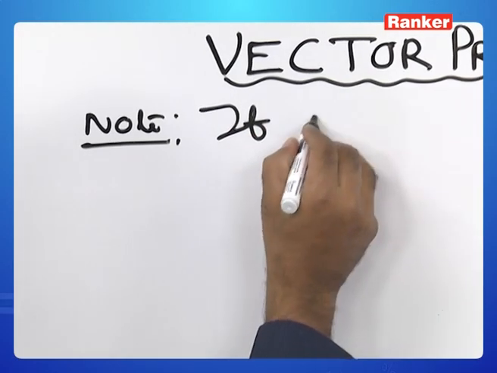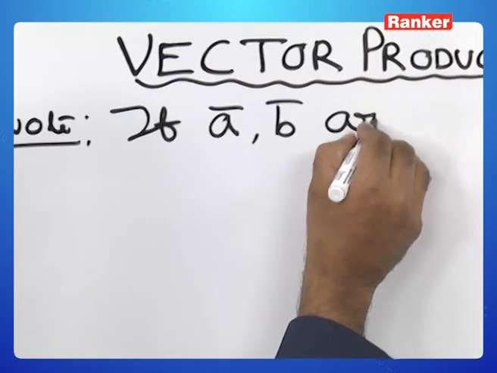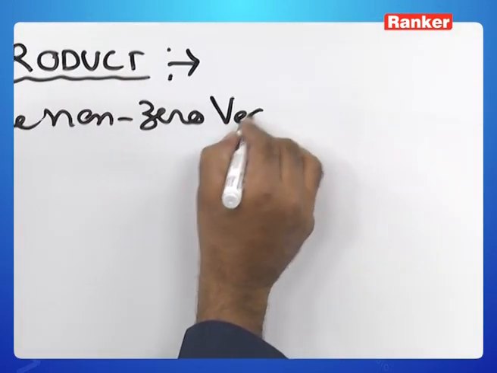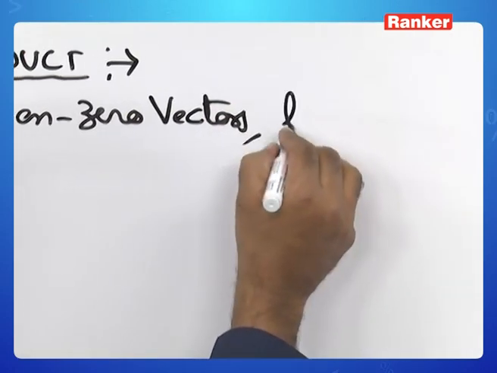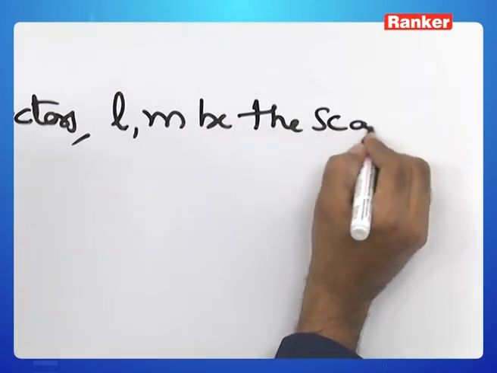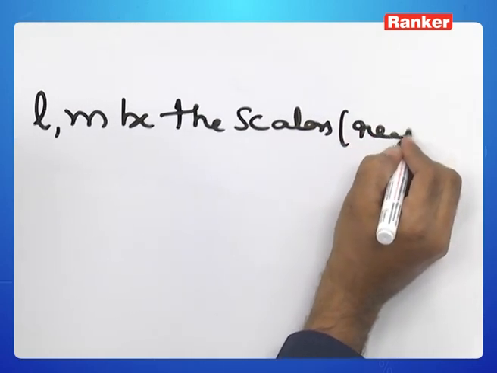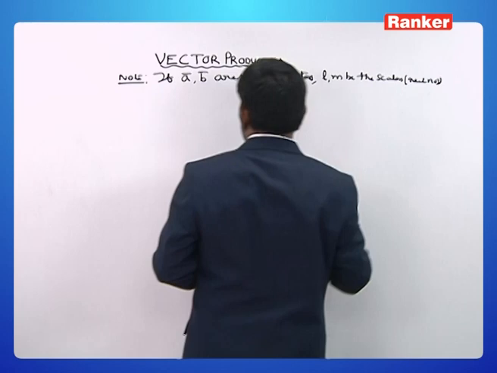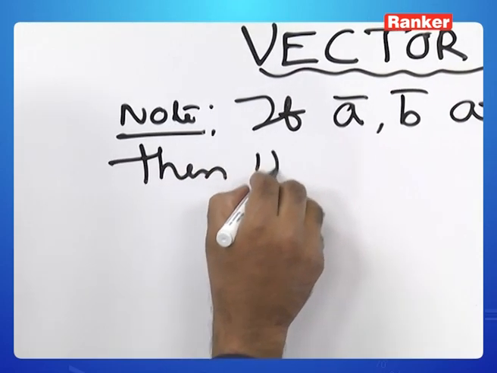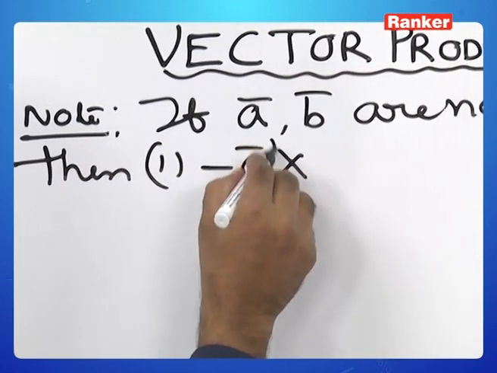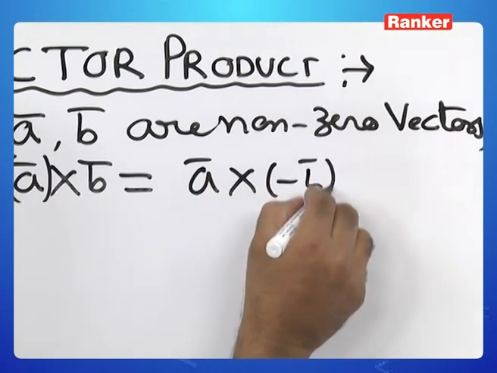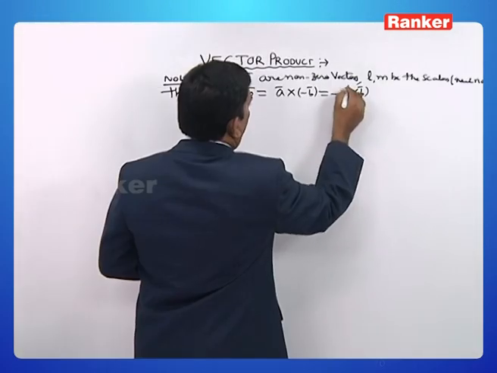If A bar, B bar are non-zero vectors, and L, M be scalars, that means real numbers, then the first one is minus A bar cross B bar is equal to A bar cross of minus B bar is equal to minus of A bar cross B bar.